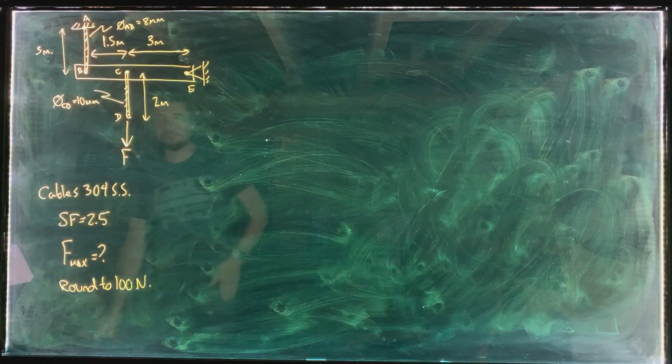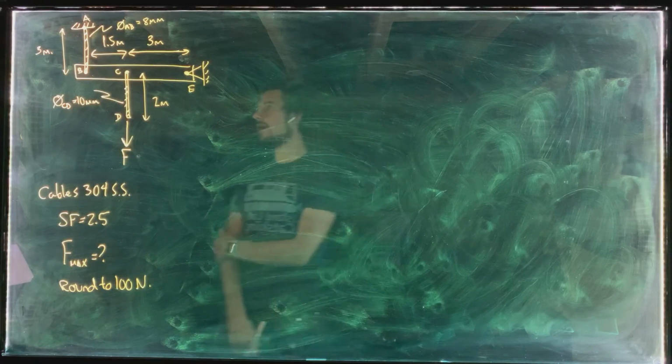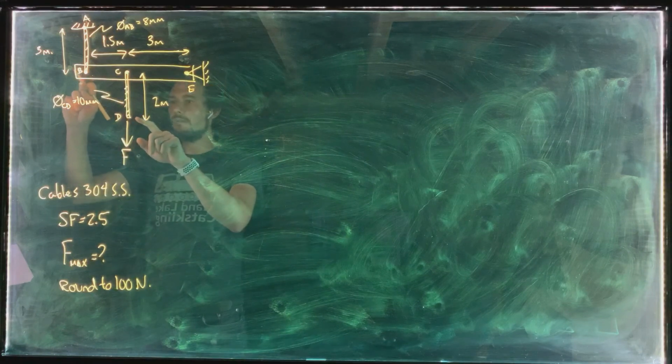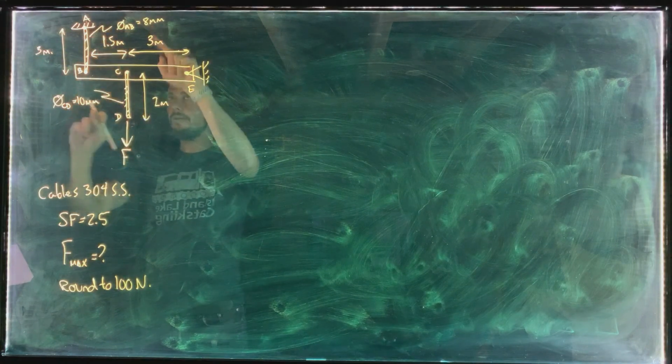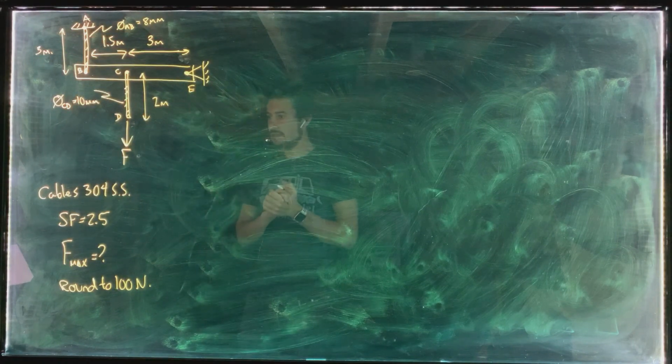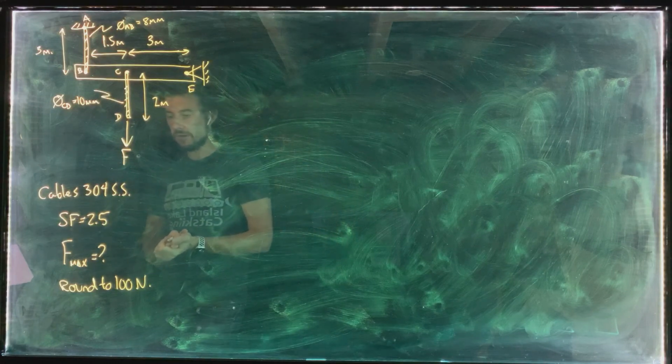Okay, great. All right. So we've got 2 cables here. The loads will be different in them, and they're also different diameters. If we've got a safety factor of 2.5, right?